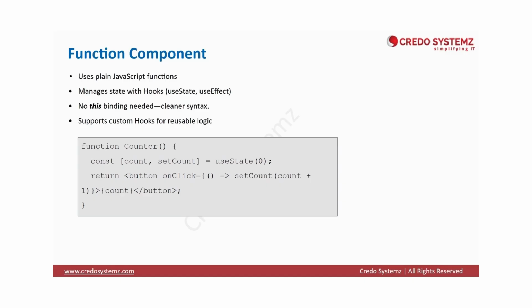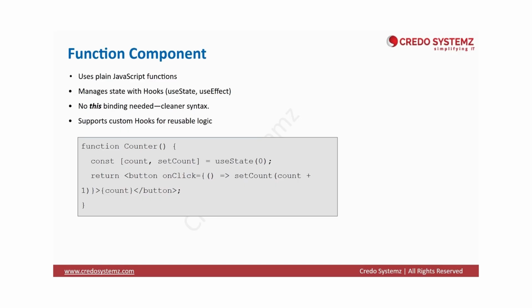useState is a hook method. useEffect is a hook method. We will be discussing those hooks in depth as we move further into the course, but as of now, hooks are nothing but inbuilt methods that do some kind of functionality within the component. Here you can see the sample code that shows how this is working.